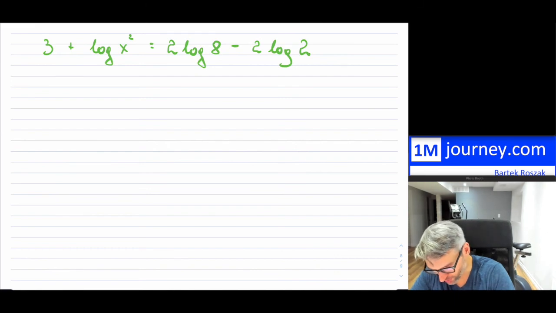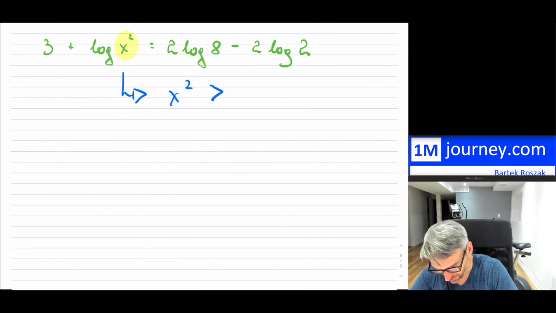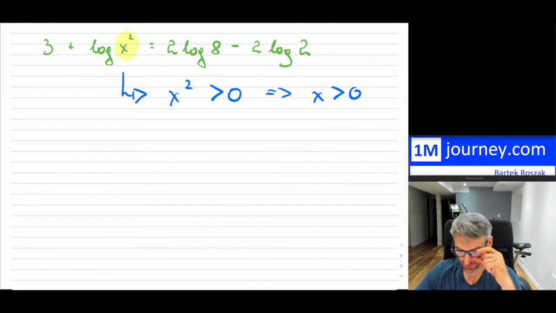The only worry we have here is that x only appears here, so that means this x squared has to be greater than 0, which means that x has to be greater than 0, right? Actually, hold on a second.